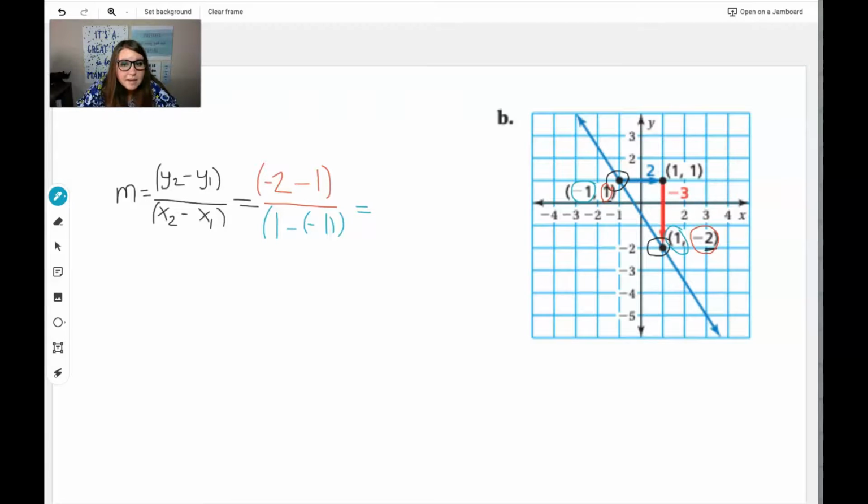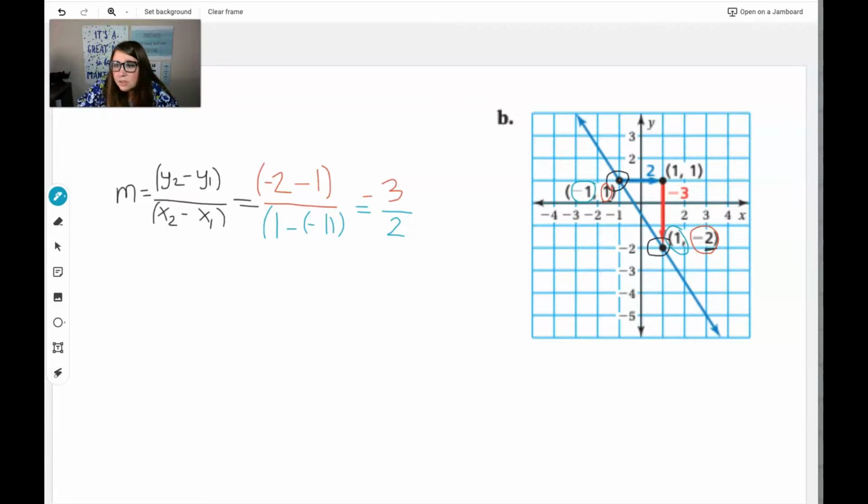So 1 minus a -1 gives me 2, because when I remove negativity, I get positives in my life. And on this one, I have -2, and then I remove one more, which gives me -3. So my slope is down 3 over 2. So when I look here, that is exactly what I'm doing. I'm running 2 places. Let me get back to my blue.